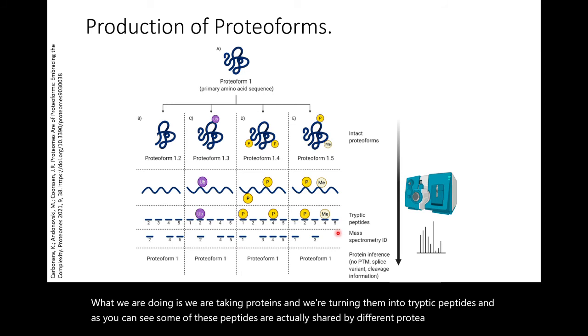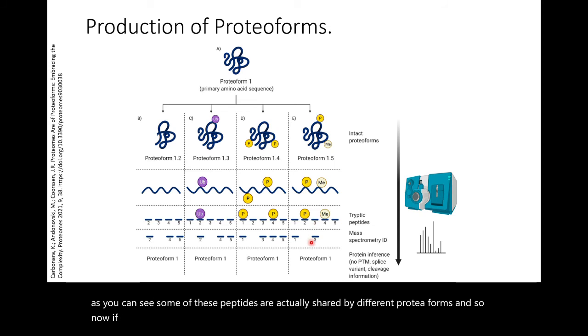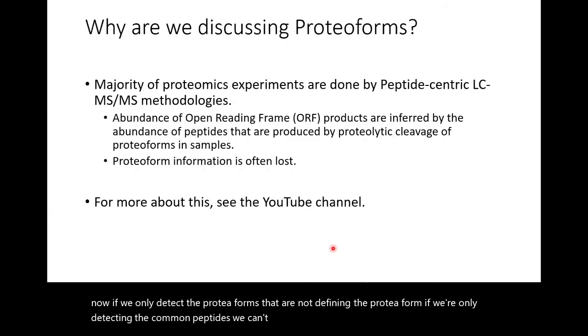And so now, if we're only detecting the common peptides, and not the peptides defining the proteoform, we can't determine that there were multiple different proteoforms.